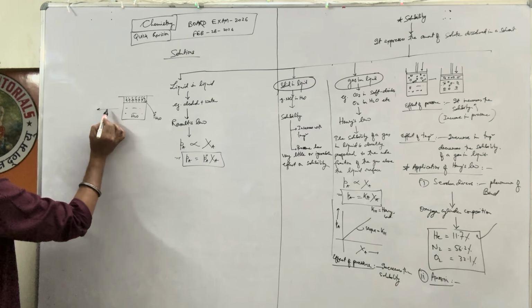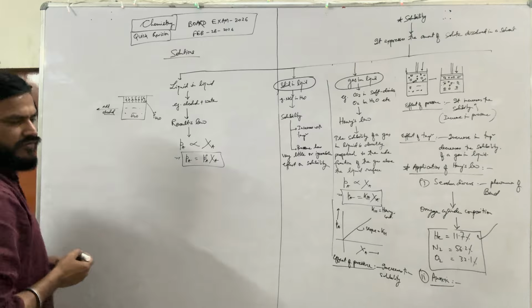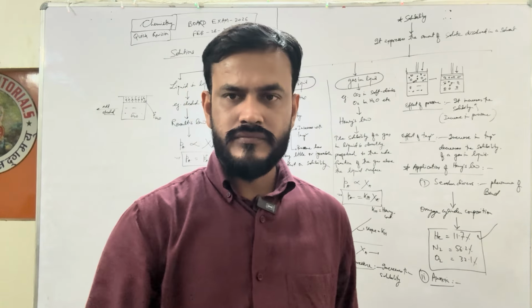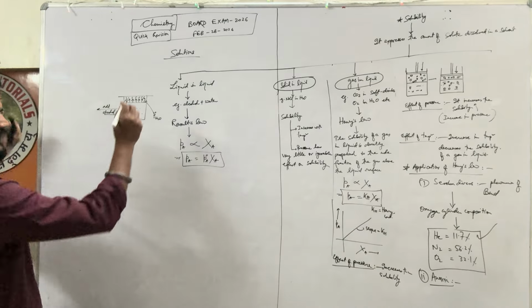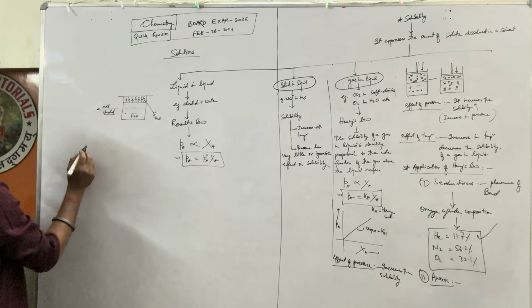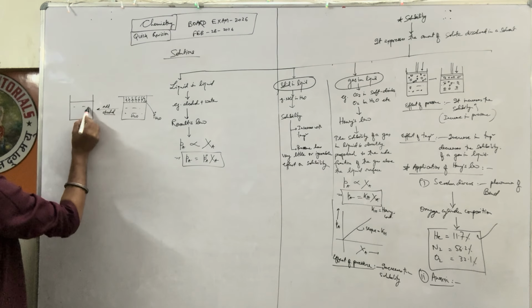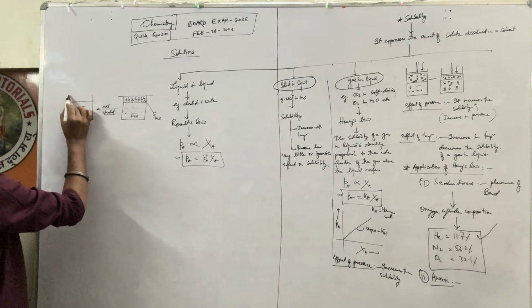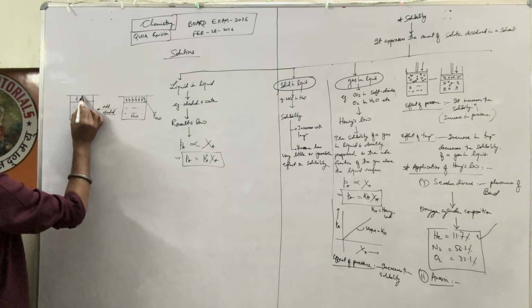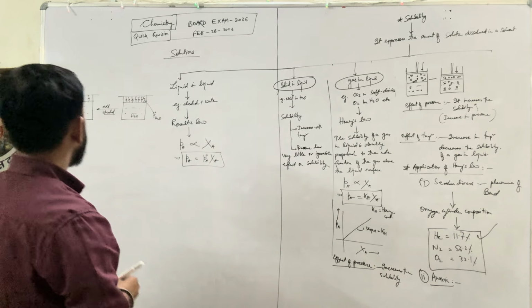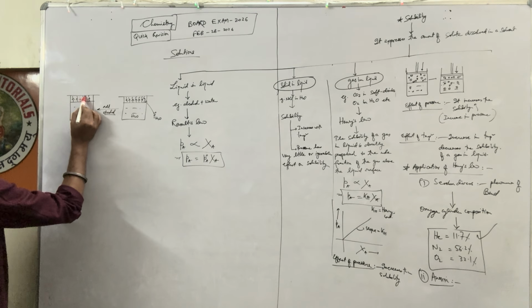Now suppose you add alcohol to it. The vapor pressure just of water is the pure vapor pressure of water. If you add something like alcohol, then the vapor pressure will not be only due to water, but also due to some amount of alcohol.